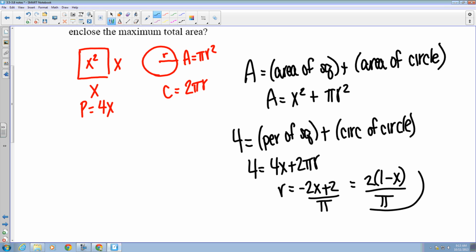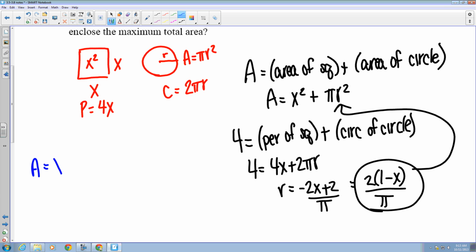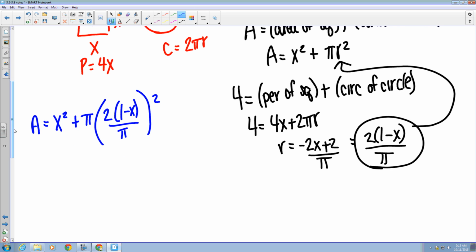And that's what we're going to put in for our r. So we are trying to maximize the total area. So the area is equal to x squared plus pi times 2 times 1 minus x over pi, quantity squared. Simplify before we take the derivative so it's a little bit easier.